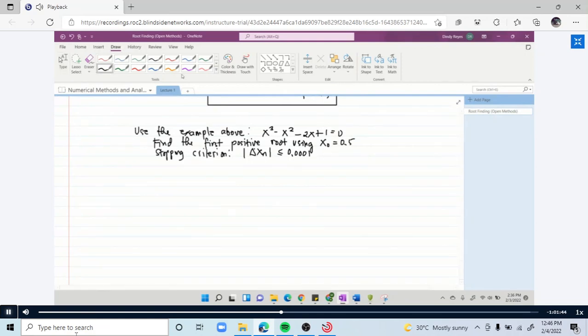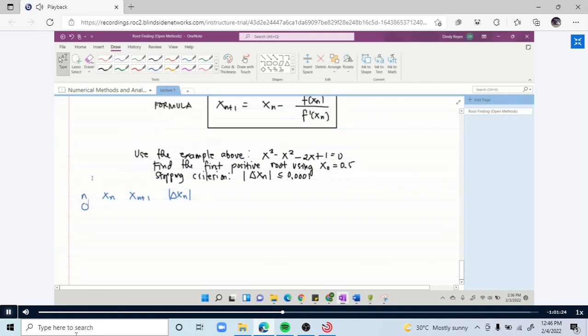Okay? Again, let's create a table that contains 4 columns for n, x sub n, x sub n plus 1, and the absolute error. Okay, let's start with n equals 0. Using our formula above, x sub 1 is equal to, if you're solving for x sub 1, this is x sub 0, right?